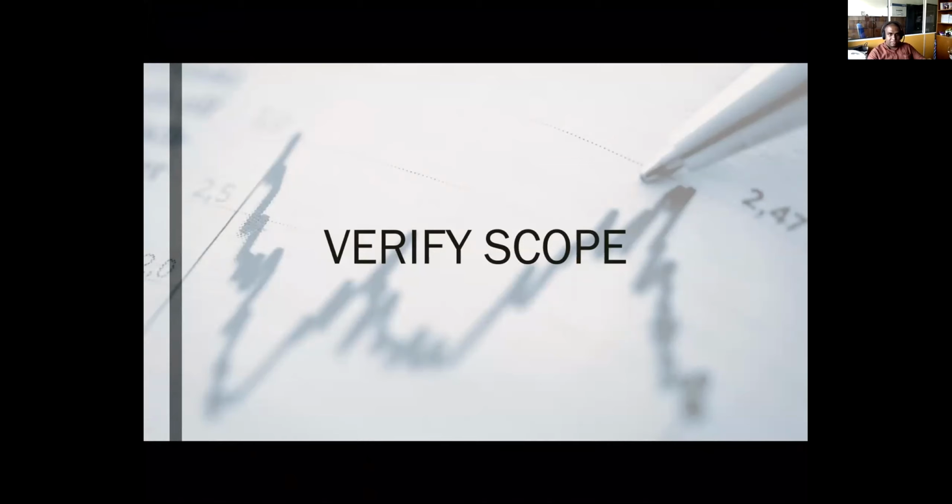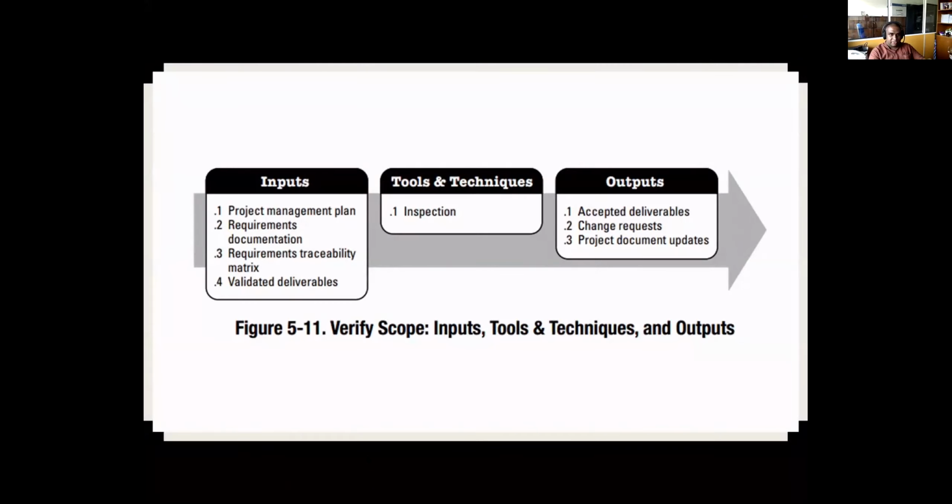Then this is when the project is going on. Verification of scope, project management plan, once it is developed, requirement documentation, it's an output of a previous plan. So these are things that we have to do inspection on. When the project goes on, when we inspect things, if there are issues, if there are scope changes, whether the scope goes according to the plan, that's what you call verifying scope.